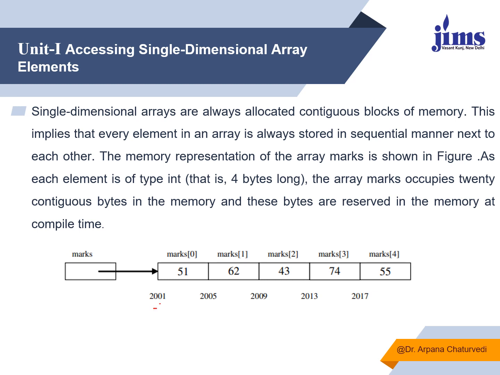So the initial address of the array is 2001. The second position will be at 2005, that is 2001 plus 4 bytes is 2005, 5 plus 4 is 9, 9 plus 4 is 13, 13 plus 4 is 17. So here the data is stored in continuous memory allocation in different subscript positions.